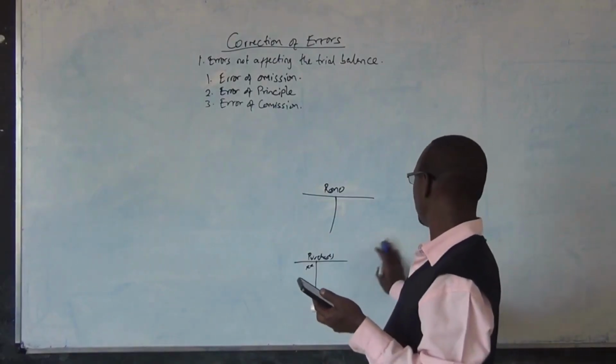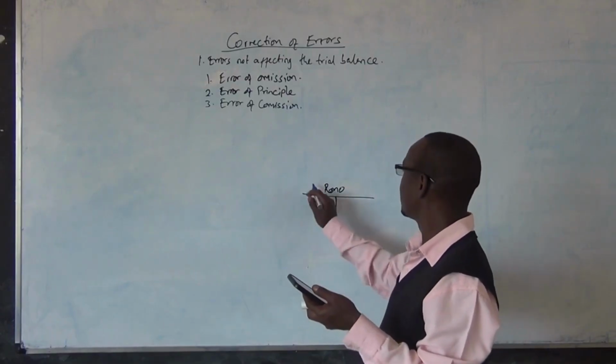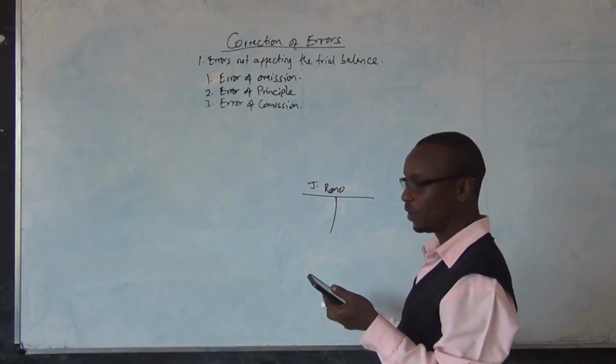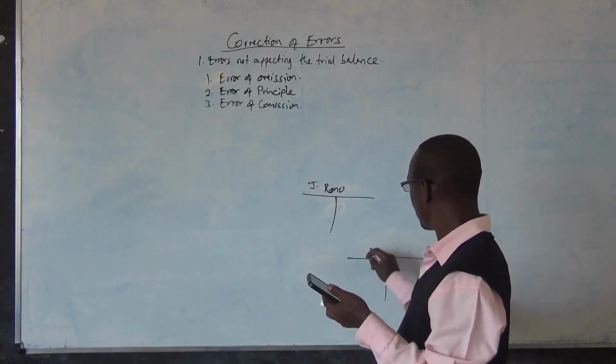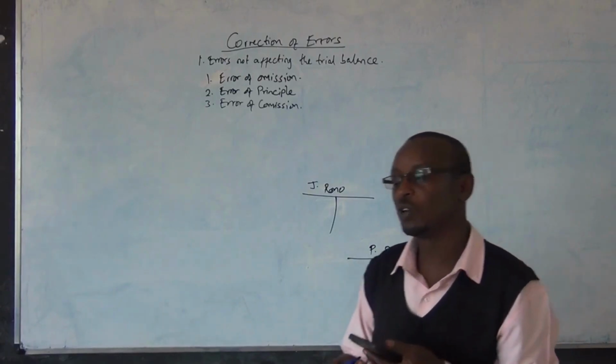And then you have another person with an almost similar name, J. Rono, and then somebody else called P. Rono. Those are two different customers.